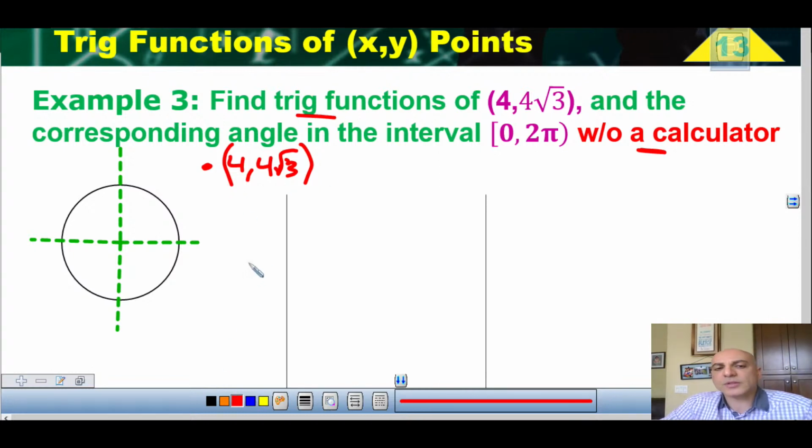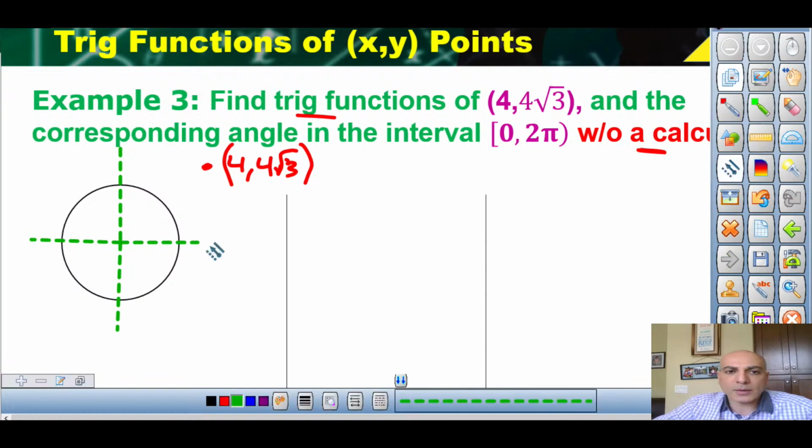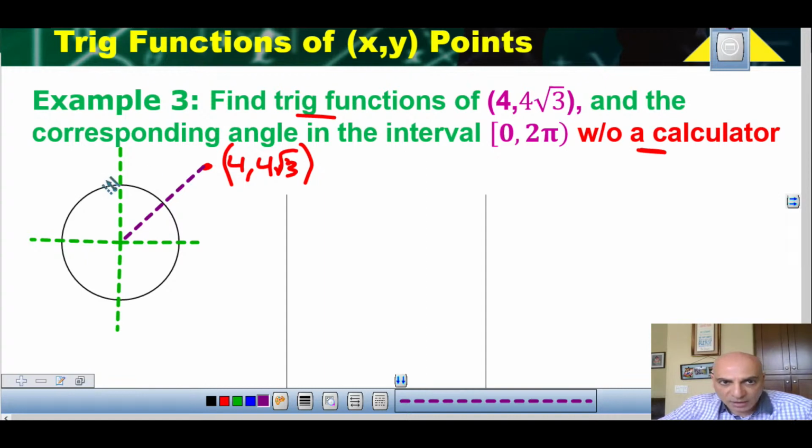Well, I find the trig functions by finding the radius, the r. I'm not sure what this angle is. That's going to be my second request, the corresponding angle. First, let's just find the trig functions.